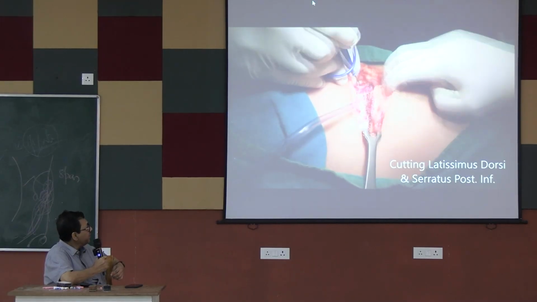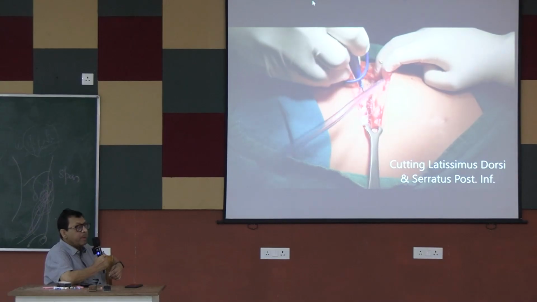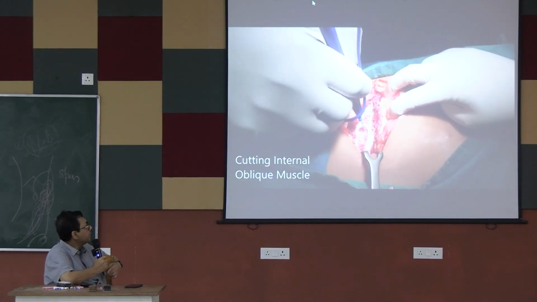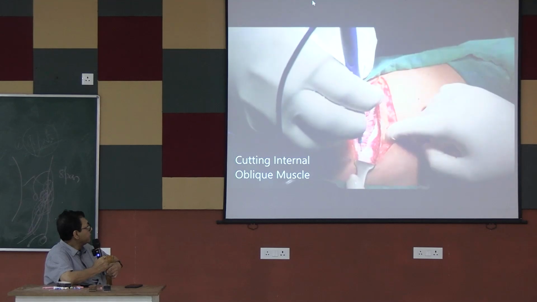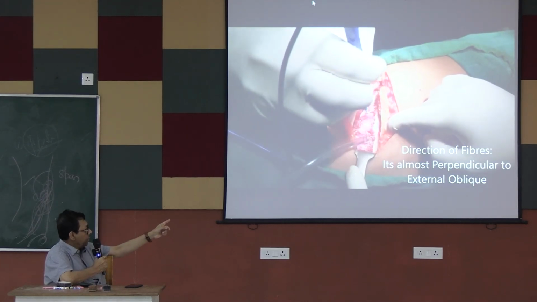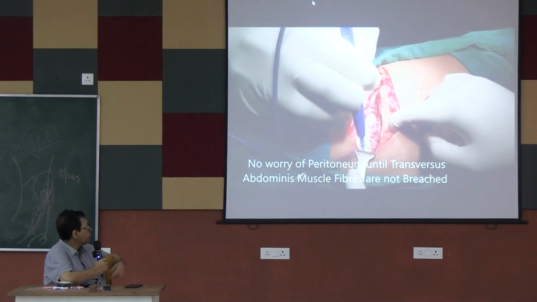Those who will be surgeons, this may be the primary surgery you will have to do for renal stone disease. See, it's a very good video, that's why I am showing you.